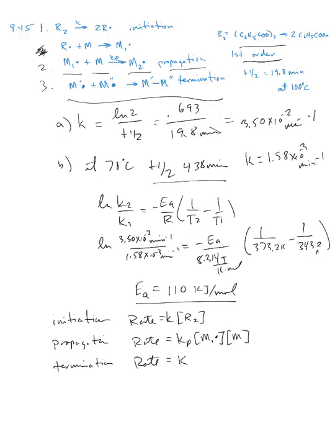And the termination step looks like it's going to be also second order, first order in each of the radicals. So what did they call that here? Actually, they didn't have a rate constant. Let's just call it k1, or kt for termination. The rate is the rate constant for the termination step times the concentration of radical 1, and this is radical 2.